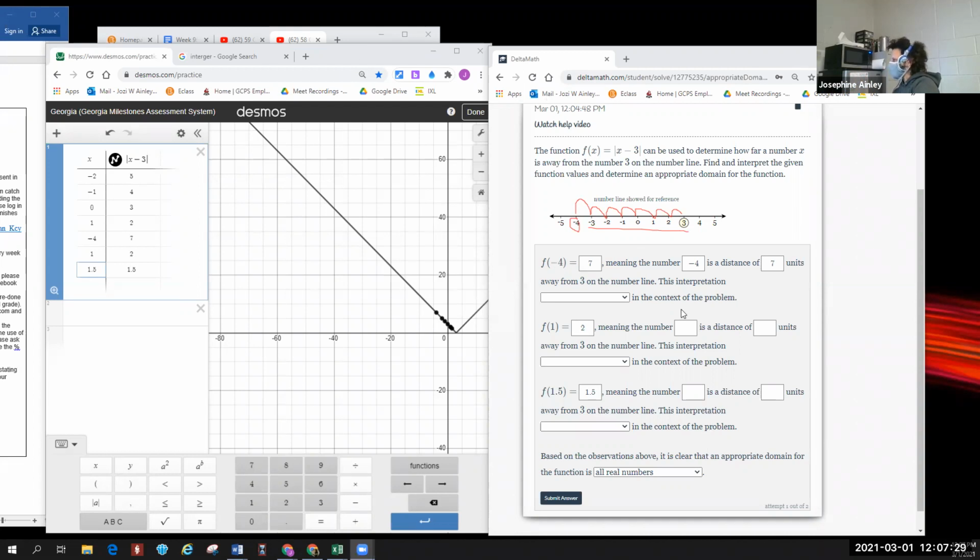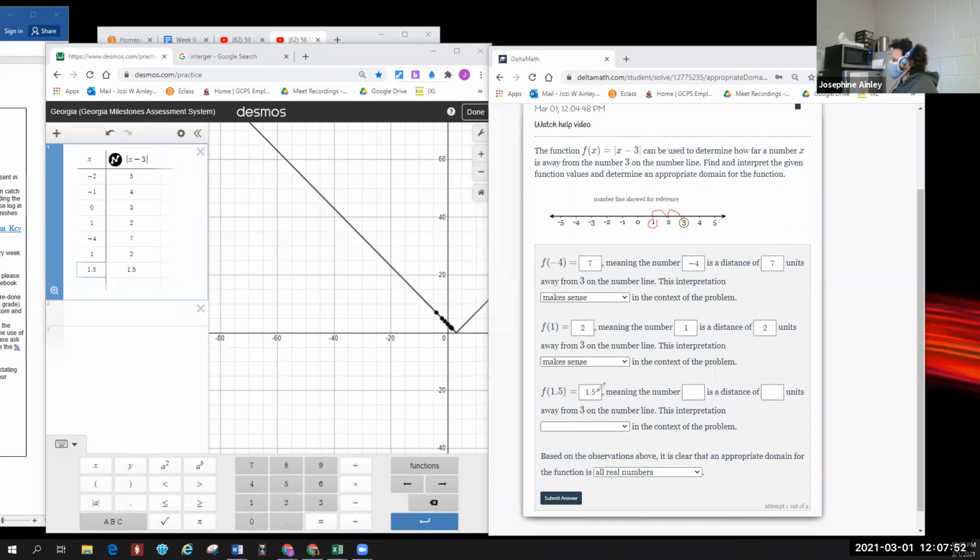So that makes sense. Okay, so this number -4 is a distance of 7 units away from 3. To give you a visual, this interpretation makes sense. All right, f of 1, meaning the number 1, is a distance of 2 units from 3, which makes sense. You don't have to draw it every single time. However, 1 right here is a distance of 1, 2.